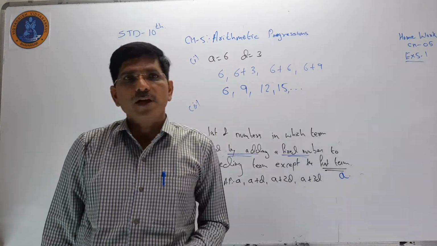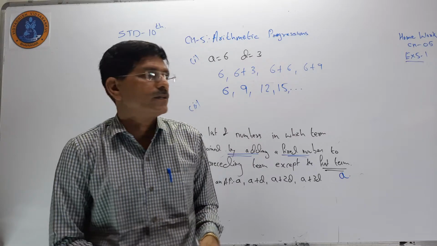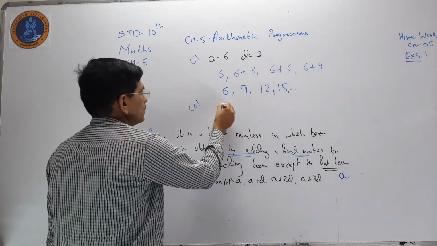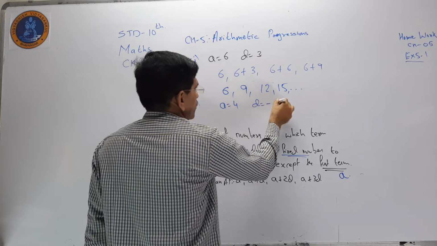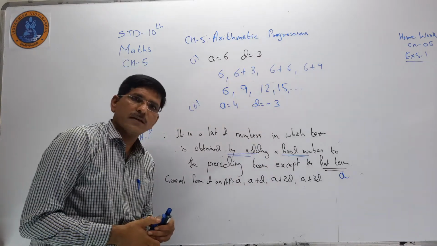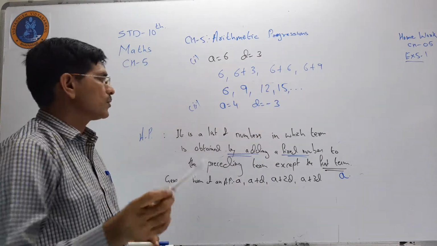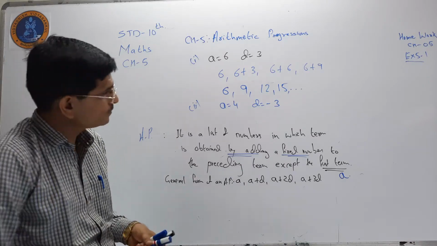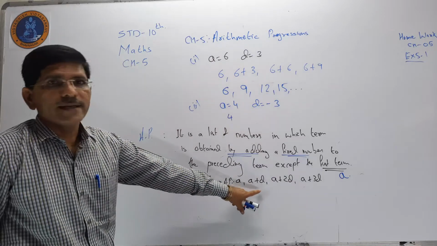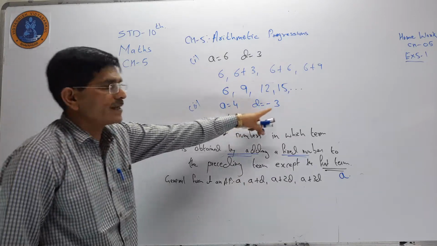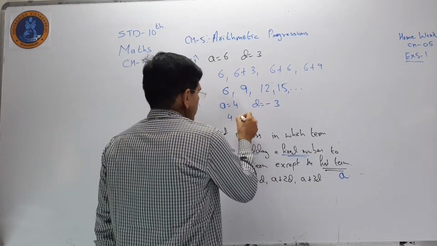But when a negative term is there, it should decrease. So A is equal to 4 and D is equal to minus 3. The first term is 4. The second term is A plus D, 4 minus 3, that is 1.